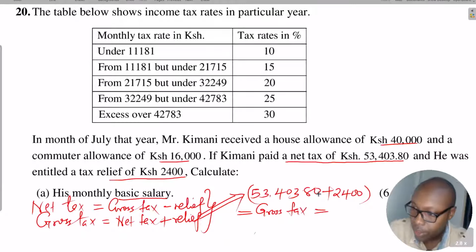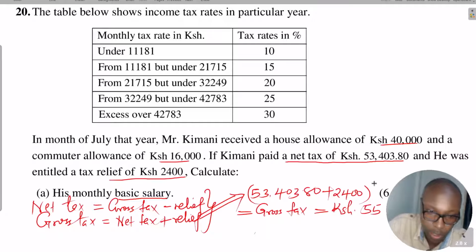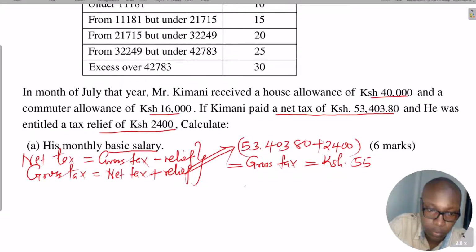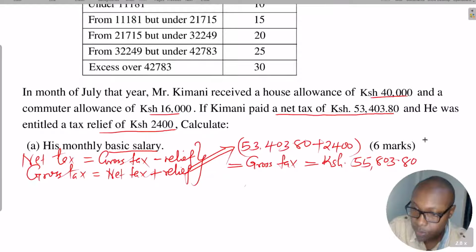When you add 53,403 and 80 cents plus 2,400, you get 55,803 and 80 cents. So this is the gross tax.